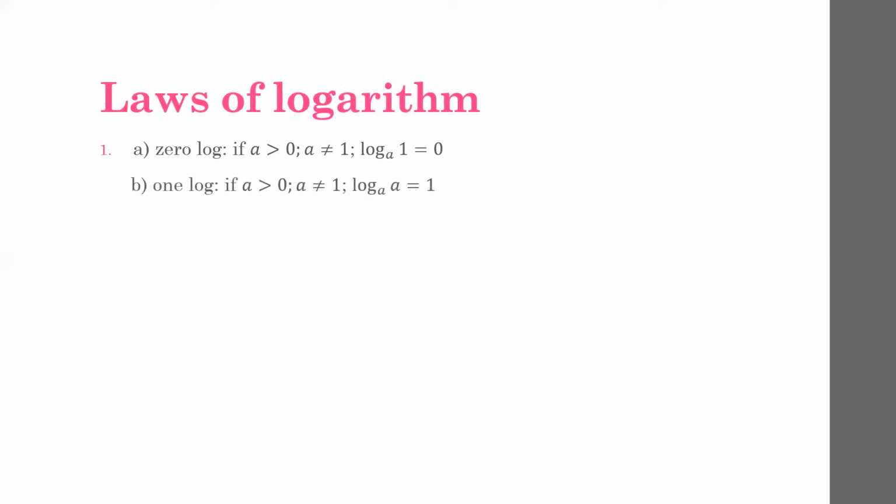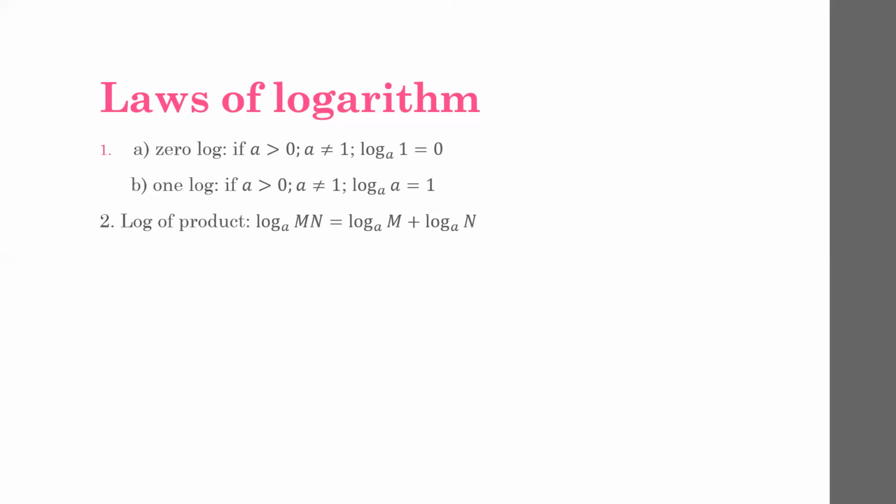Next is the one log law. If a is greater than 0 and a is not equal to 1, log a based a equals 1. In the definition of index, we learned similar conditions.